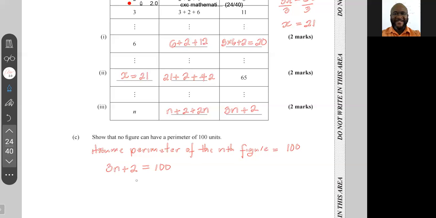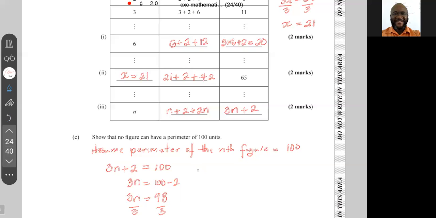Let's find out. 3n is equal to 100 minus 2. 3n is equal to 98. Then I'm going to divide both sides by 3.